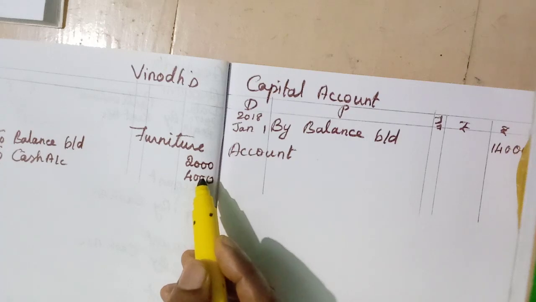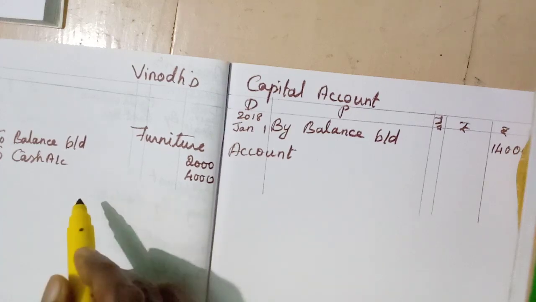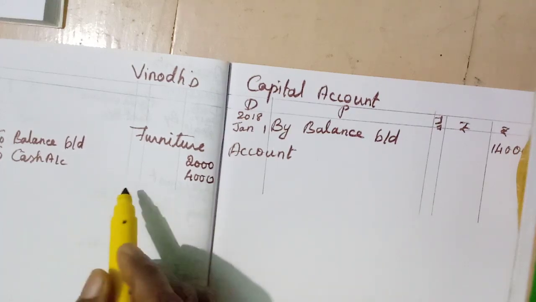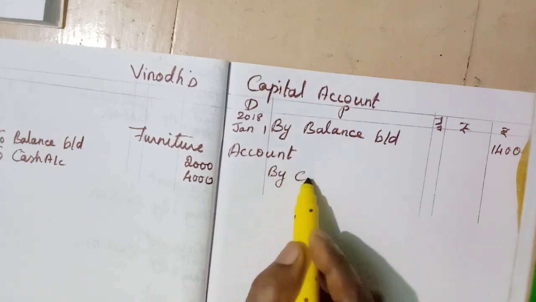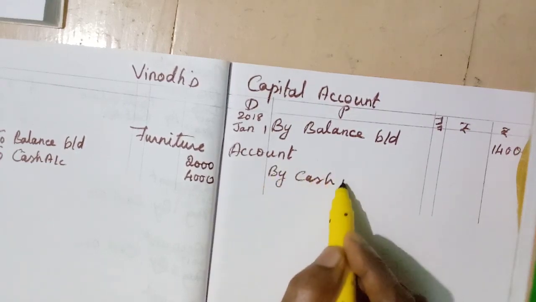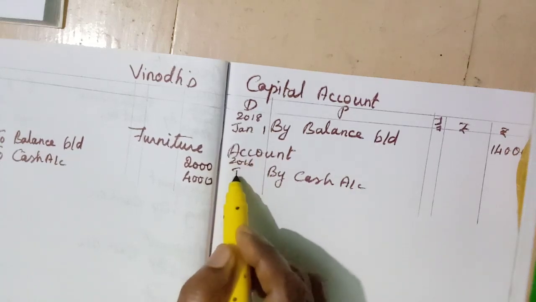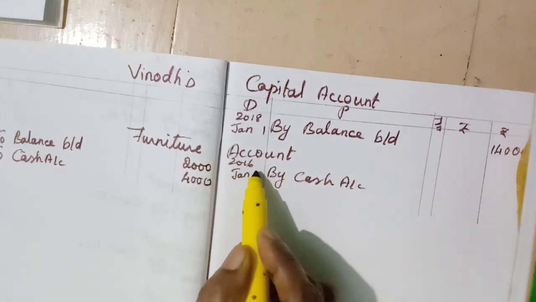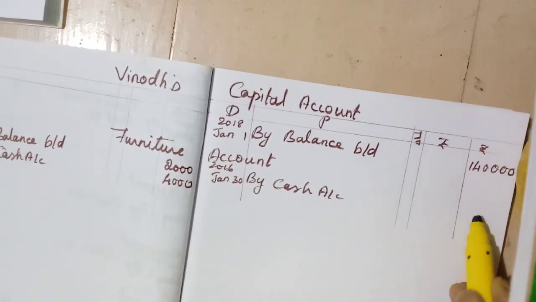Sold furniture means if we sell furniture, what we will receive? Cash. So cash account debit to furniture. Furniture is credited. So credit side by cash account. Then date you write. 2016 January 30. Cash account how much? 400. So write here 400.